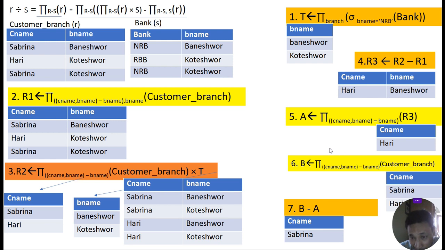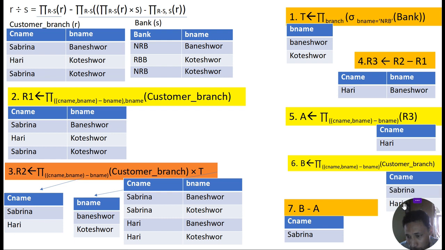In the fifth step we are projecting CNAME from R3. Here BNAME will cancel out and we will remain with only CNAME. In the sixth step we are generating CNAME from customer branch. Here BNAME will cancel out. So Sabrina and Hari are the two names from customer branch.